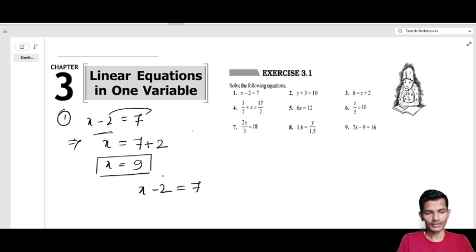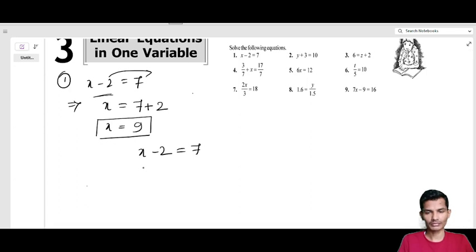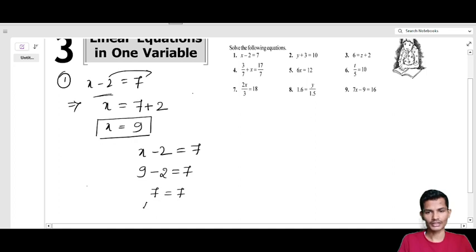In the place of x, we found that x equals 9, so we put that. So in the place of x, I'm going to write 9 minus 2 equals 7. So 9 minus 2 is 7, so 7 equals 7. So we can say that LHS equals RHS.